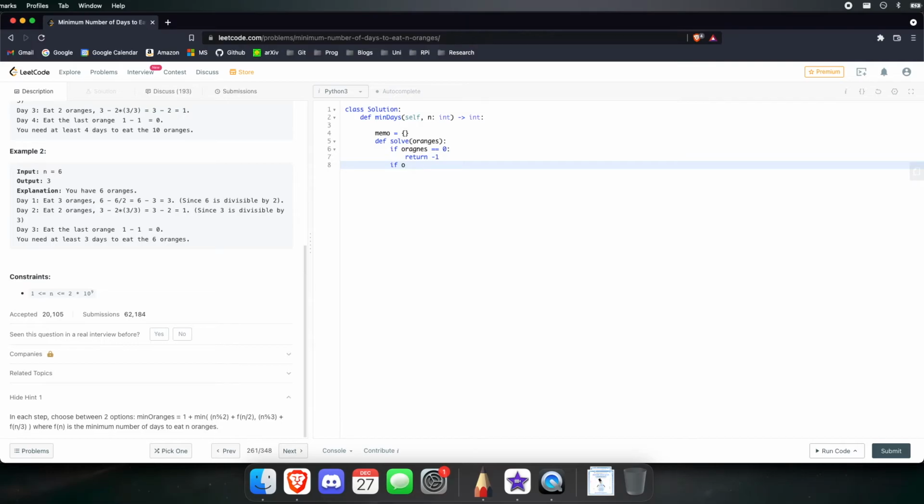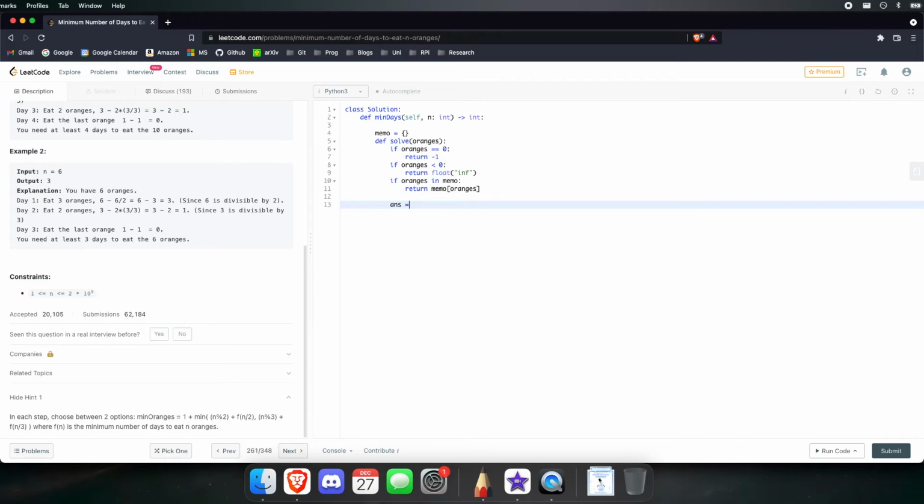Or now another if we want is if oranges is less than 0, let's return infinity, because we don't want to consider a negative amount of remaining oranges. We want to eat exactly the amount of oranges. And if oranges is in memo, then let's just return whatever we previously computed.